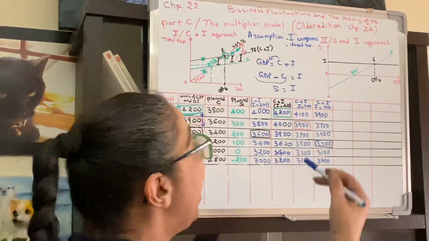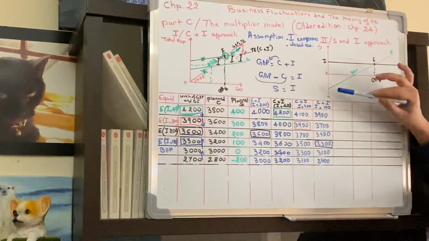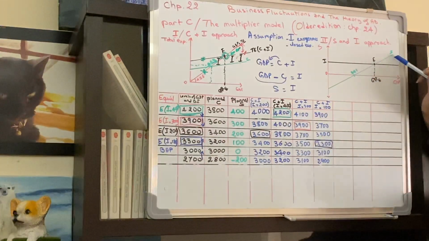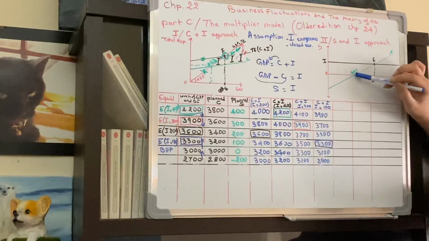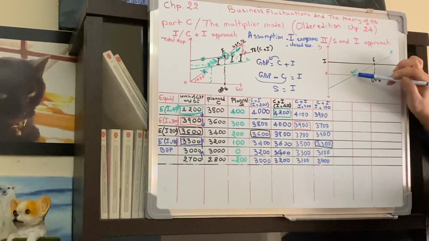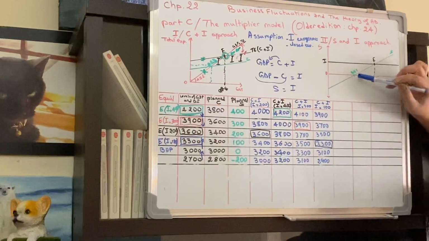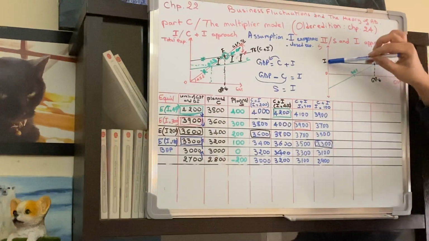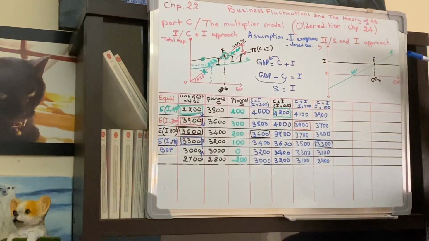So I have my saving line. The BEP is reached when I don't save at all because I consume everything, so saving is equal to 0. And then I'm gonna plot my investment line, which is a constant.